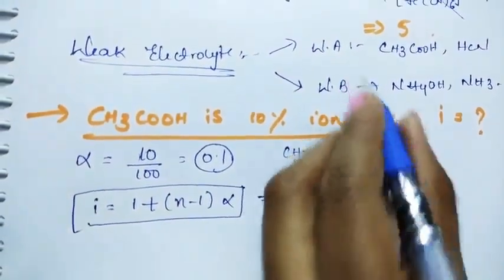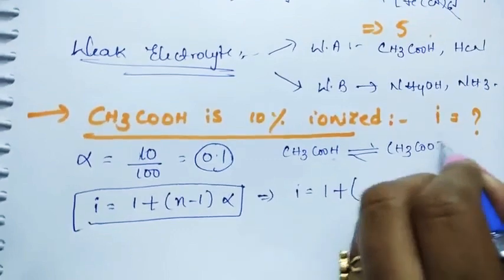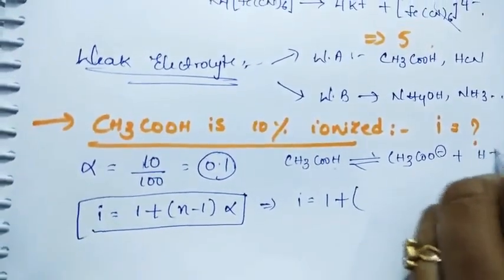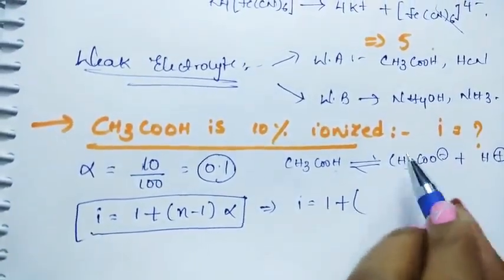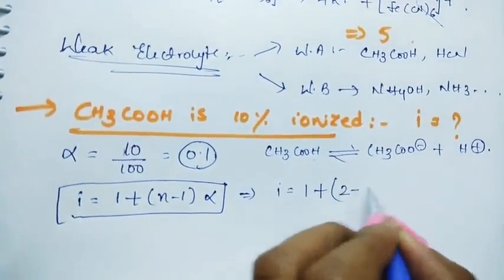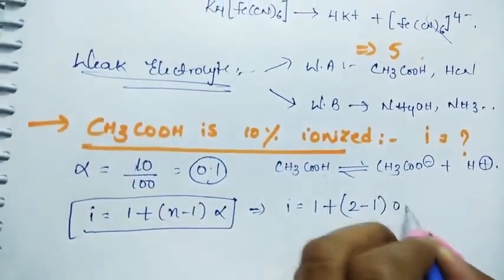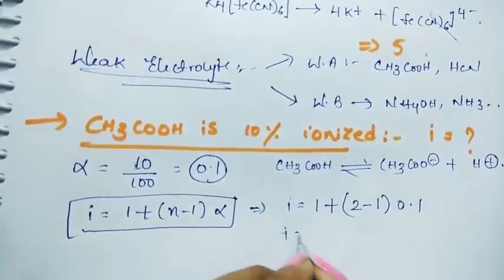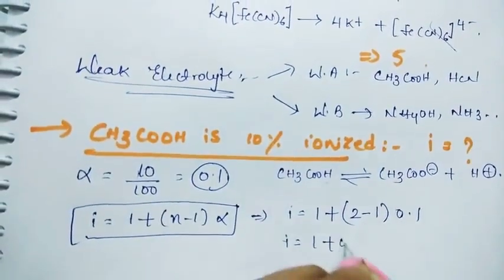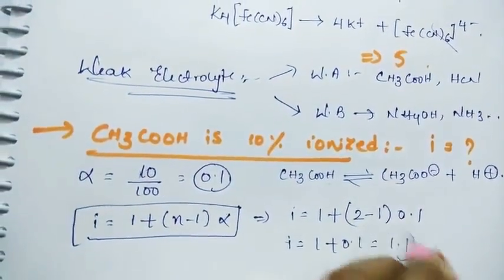Because it is a weak acid, it dissociates less. Number of ions is 2. (2 - 1) into alpha is 0.1. Then i is equal to 1 + 0.1, that is 1.1.